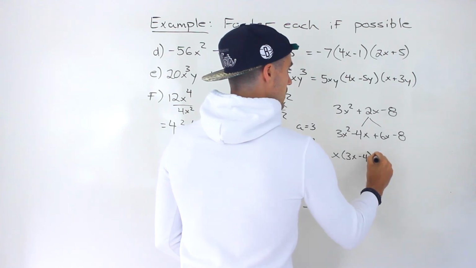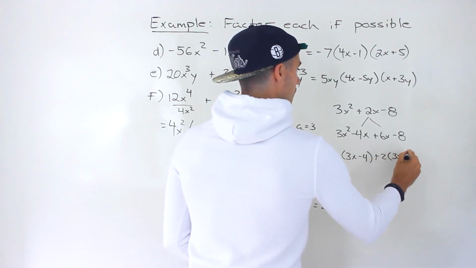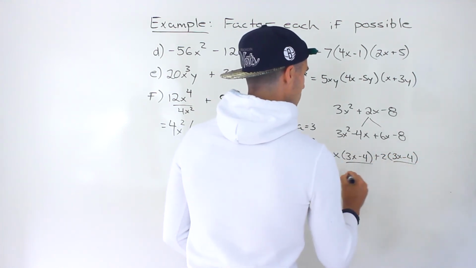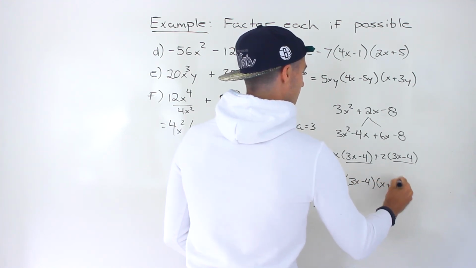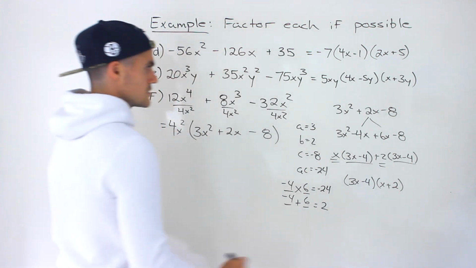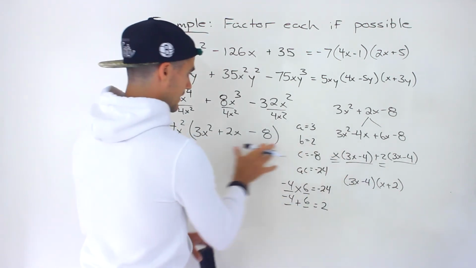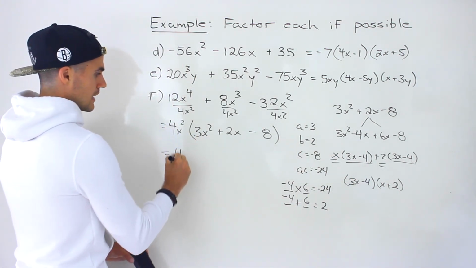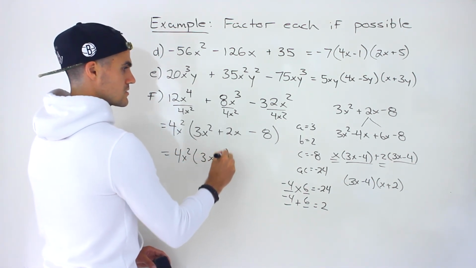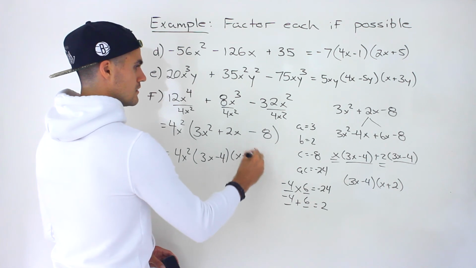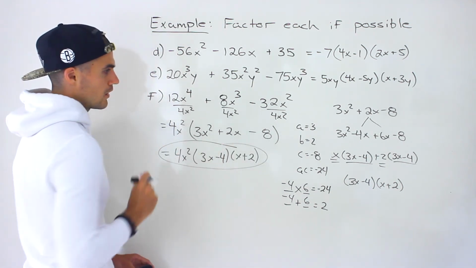And then from these two, take out a 2. And then we can take out a 3x minus 4. And we're left with an x plus 2 like that. Right? But that is just this bracket. Don't forget the 4x squared that we took out initially. Right? So that ends up being the final answer for part F.